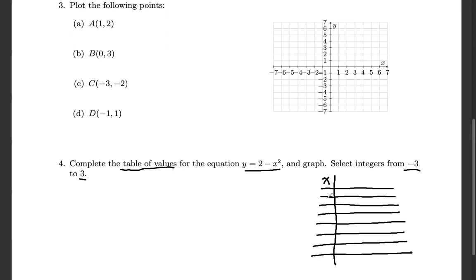Let's say x value is here, starting from -3, -2, -1, 0, 1, 2, 3. And the y value is 2 minus x squared. Then we have a point of x comma y.